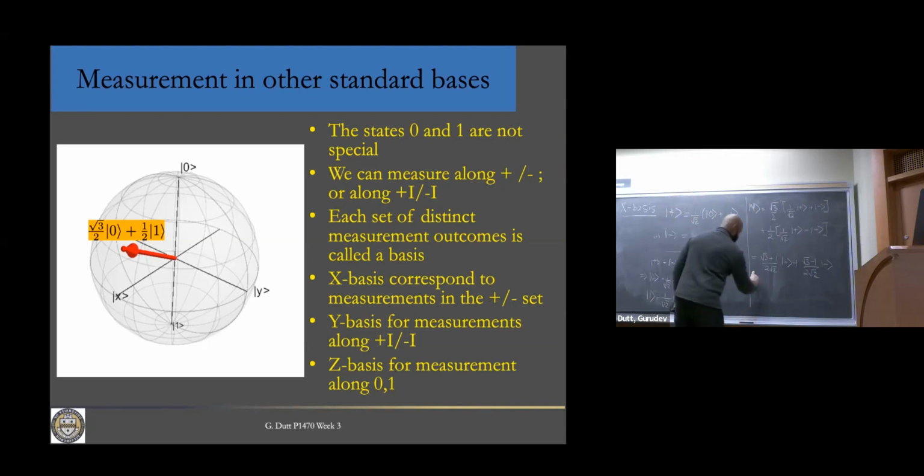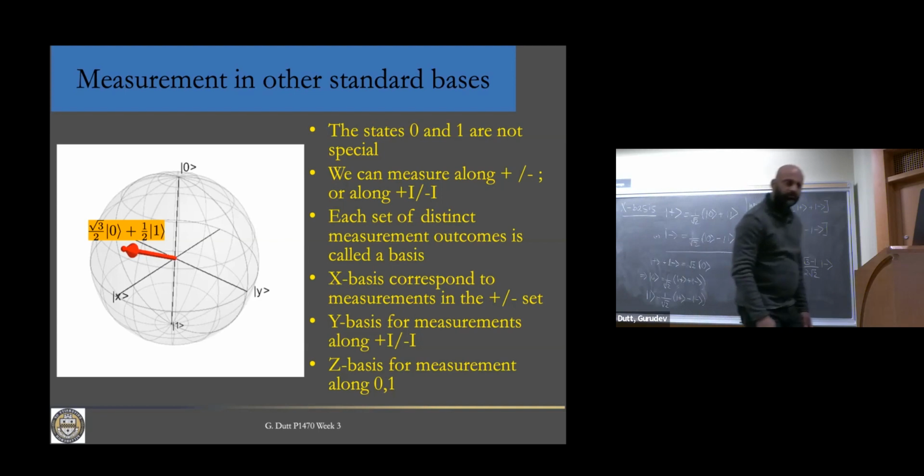So the probability of measuring plus is just the norm squared of this coefficient, this amplitude, root 3 plus 1 divided by 2 root 2, norm squared, which, since it's all real numbers, is just the square.